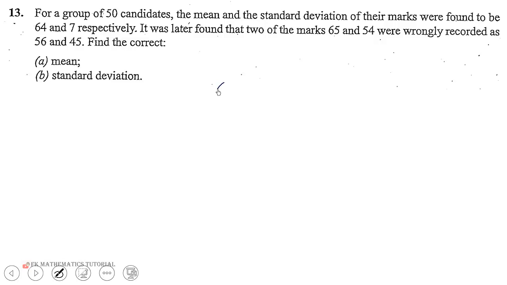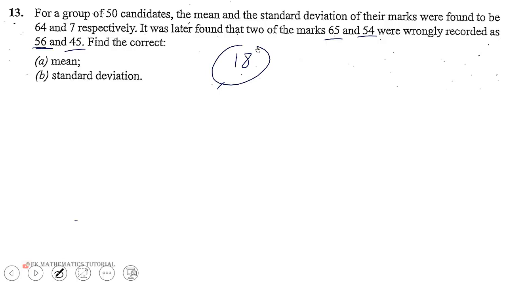So if 65 is recorded as 56, the mark will be deflated by 9. And if 54 is recorded as 45, the mark will also be deflated by 9. So in all, we realize that it is 18 marks less.